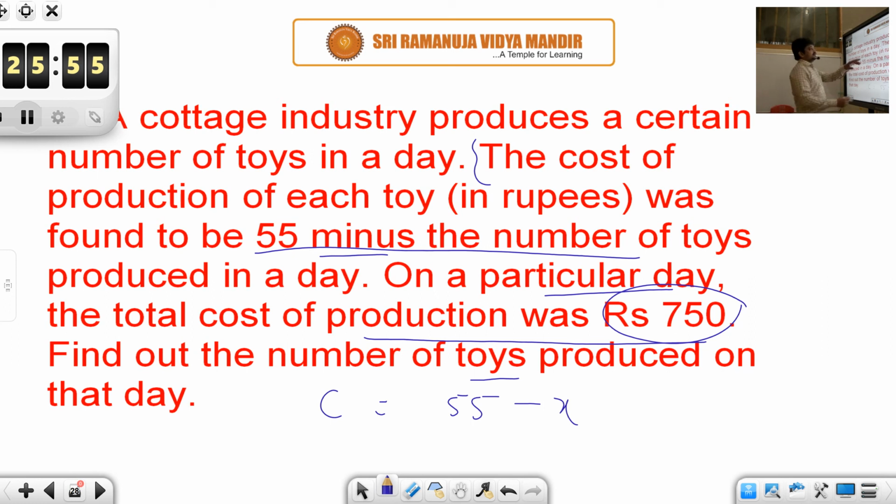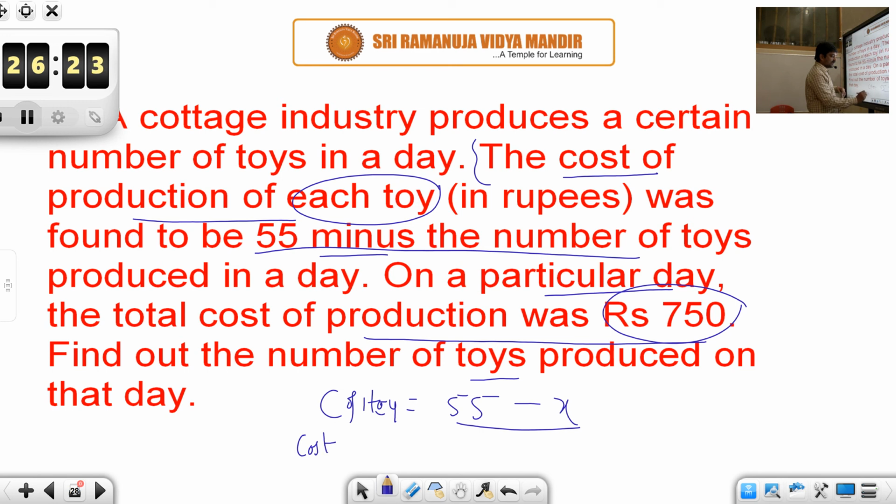See, first of all, it is given here the cost of production of each toy was found to be 55 minus the number of toys produced. See, if you assume the number of toys produced to be x, the cost of each toy is 55 minus x. Then what is going to be the cost of x toys? This is the cost of one toy.